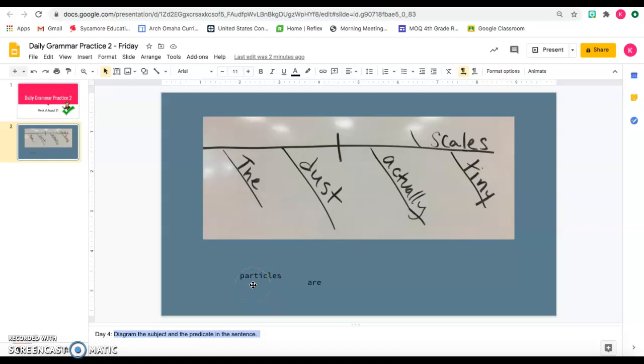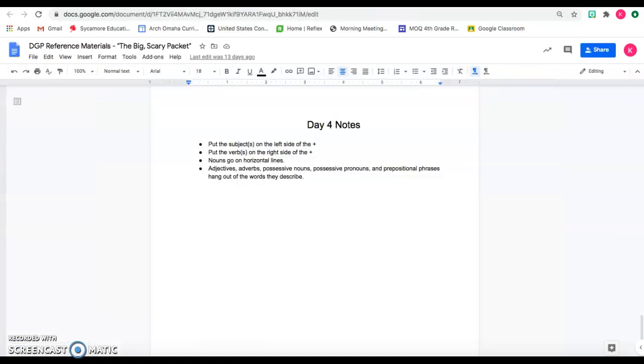So just a refresher from last week when we did this. If you look in your DGP reference materials, the Big Scary Packet, on day 4 notes, these first 2 bullet points are very, very important to help us do this, okay? So the first bullet point says, put the subject or subjects on the left side of the plus sign.